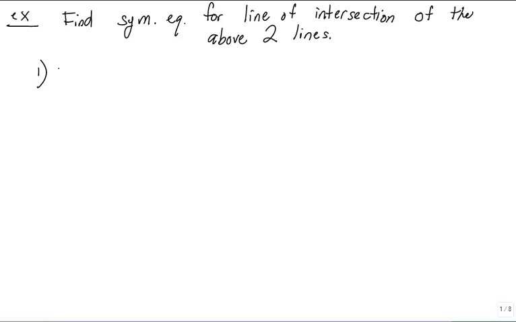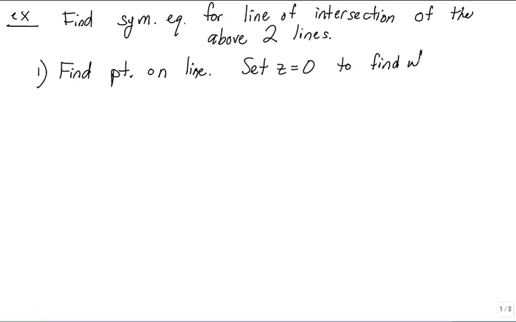First thing we need to do is find a point on that line. The easiest one to find is to set z equal to 0, to find where the planes intersect, and if both planes intersect there, the line intersects there too, where the line intersects the xy plane.